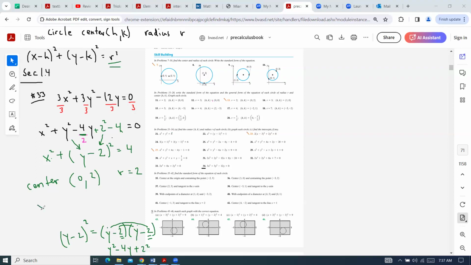So you could just rewrite this with x minus 0. You don't have to, but I'm just saying that 0 is the x coordinate of the center, and the 2 is its y coordinate, and the right side is supposed to be the square of the radius, so the radius is 2 squared.